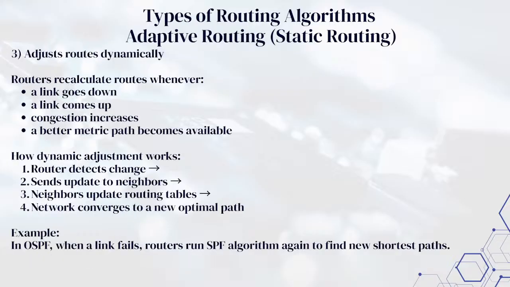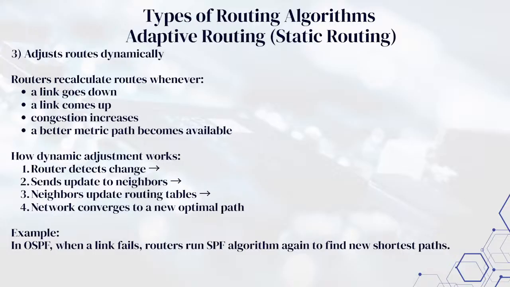Now the third important point is that it adjusts the routes dynamically. The routers recalculate whenever the network goes down, links go down, links come up, congestion increases, or a better metric path becomes available. How does this dynamic adjustment work?